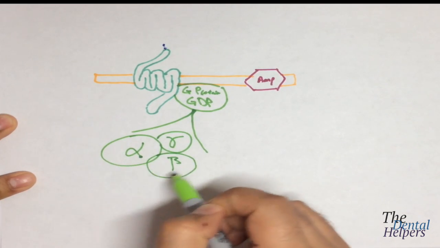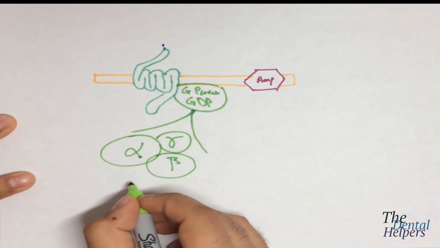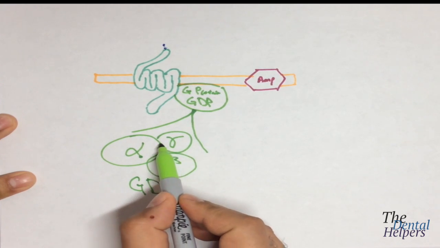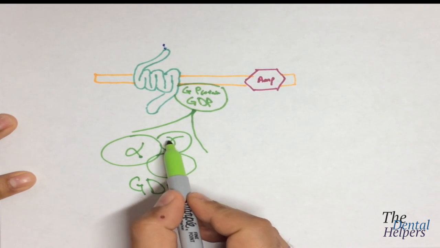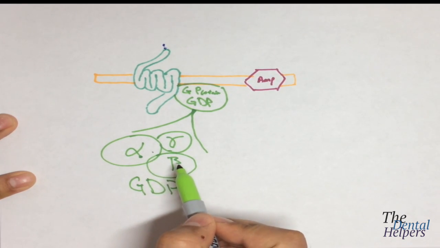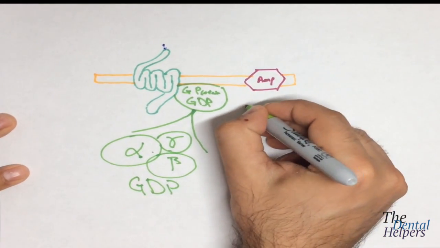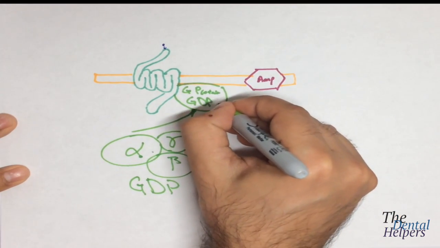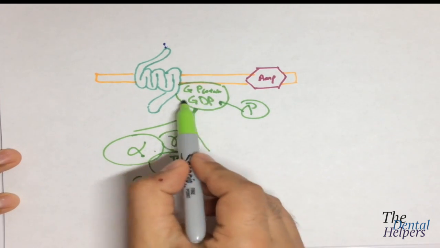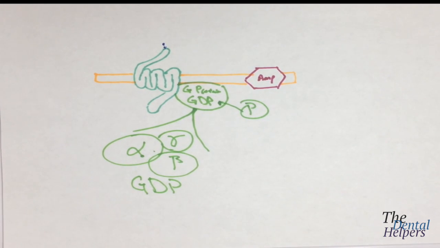And it is these three subunits that remain attracted to each other when GDP bound. So when we're GDP bound, the gamma and beta subunits are held tightly with the alpha subunit. Once we have a kinase come in and a phosphate come in to phosphorylate the GDP to GTP, we have something different happening.